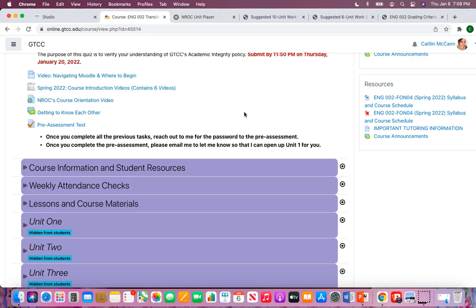And I understand, believe me, that we have things explained to us and we still don't fully get it. And that's fine. But like 99% of the time, most people don't understand how to do things in our Moodle site or in NROC because they have not watched the course introduction materials. And I know that because I can see every single click you make. Okay?